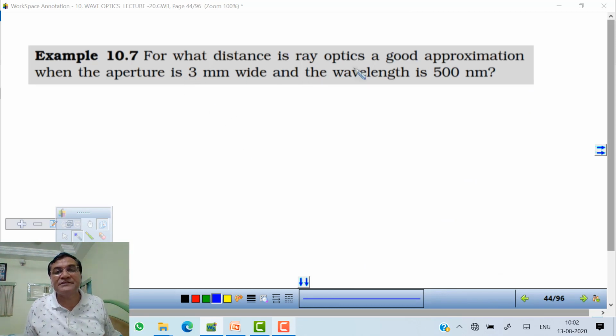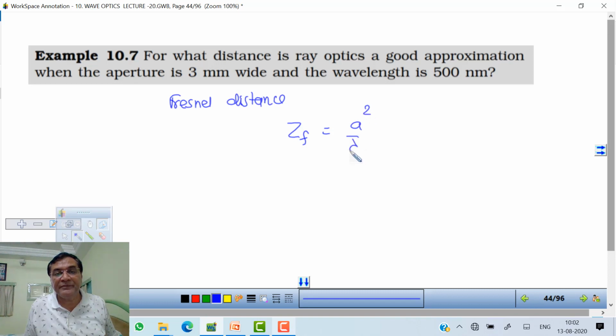For what distance is ray optics a good approximation when the aperture is 3 millimeter wide and the wavelength is this much? So we know that we can determine this with the Fresnel distance. Fresnel distance ZF is equal to a square upon lambda.